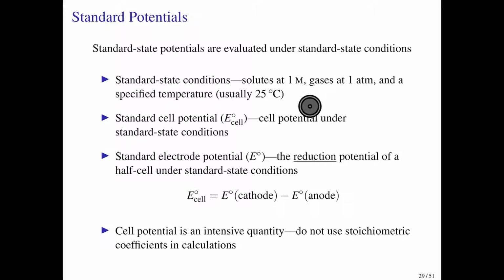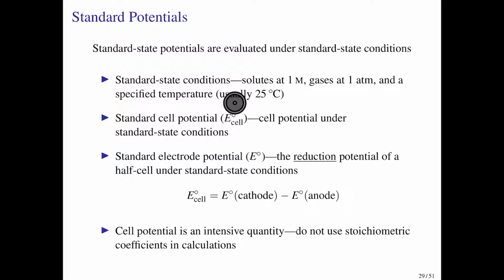For redox reactions, standard state implies that all solutes are present at 1 molar concentration, gases are at 1 atmosphere pressure, and the temperature needs to be specified, usually taken to be 25 degrees Celsius.